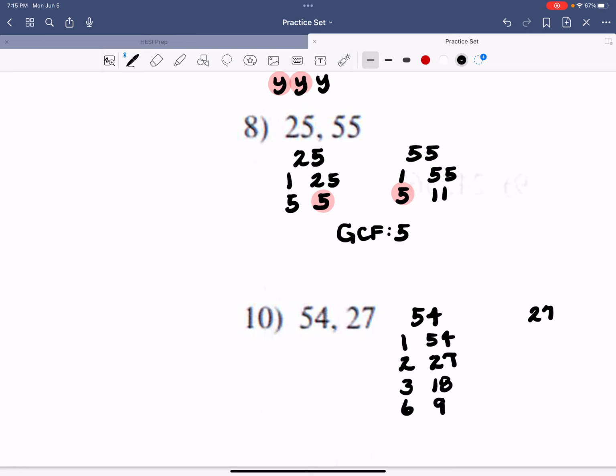Okay, that's all on that one. So then we have 1 and 27. 3 and 9. So we have the 3, the 9, and the 27. The greatest of those is the 27.